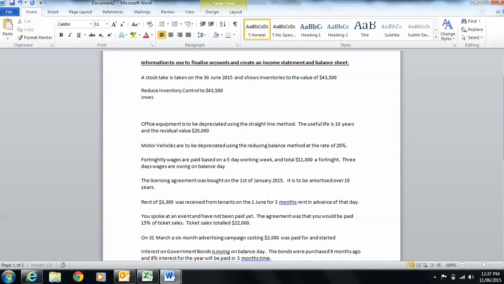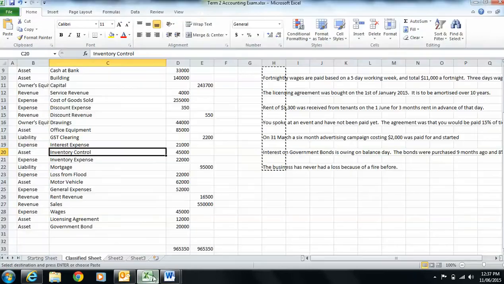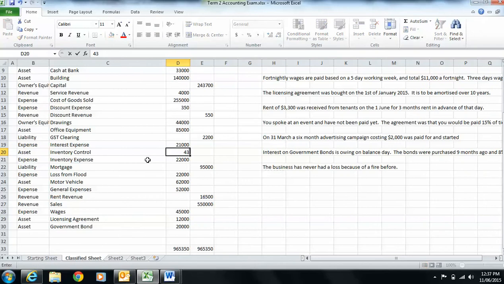So we've got an inventory adjustment of $1,500. So let's have a look at those two things. Inventory control goes to 43,500, and then we add down here an expense account, inventory expense adjustment, and we've changed it by $1,500.